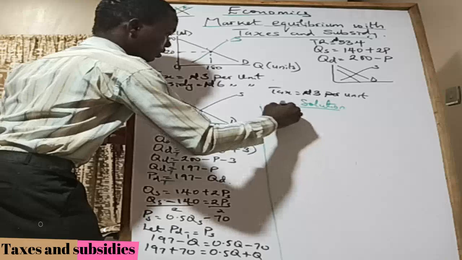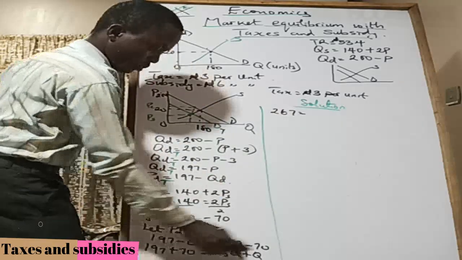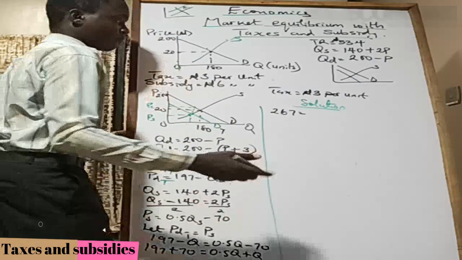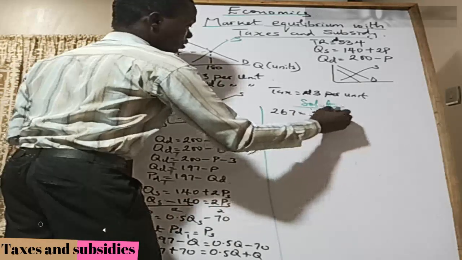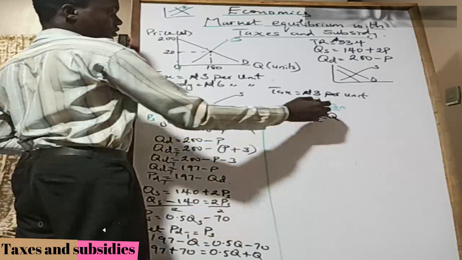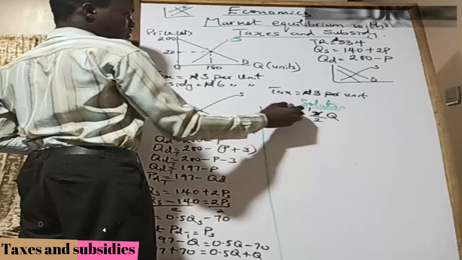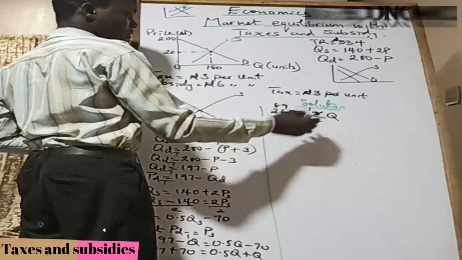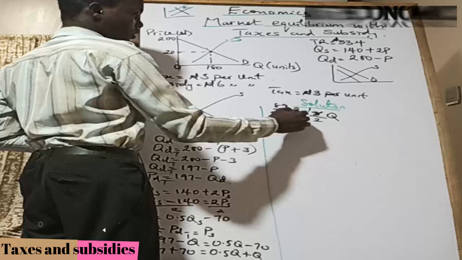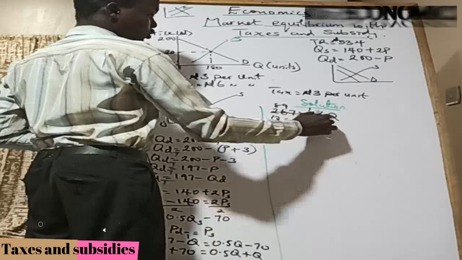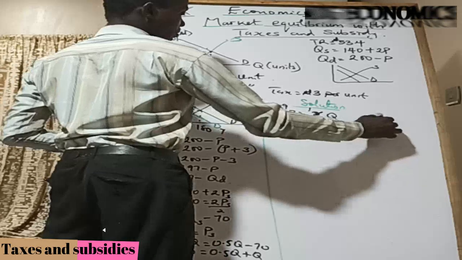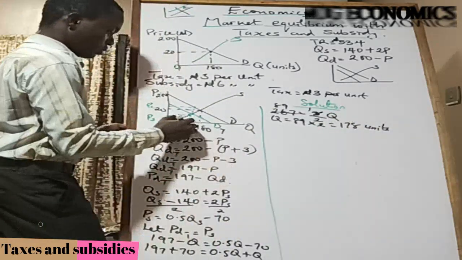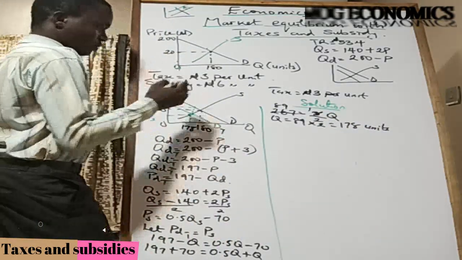So 267 equals 0.5 Q plus 1 Q, that's 1.5, which is the same as 3 over 2. Does this sound familiar? Then Q equals 89 times 2 equals 178 units. Can you see? Okay, so here we go. We get 178, just as we did the other time.